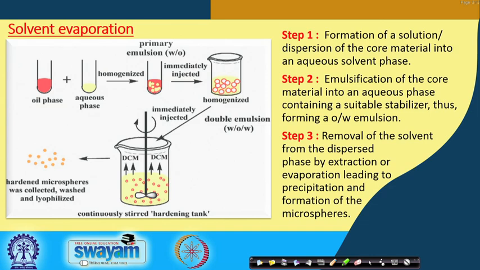This is followed by emulsification of the core material into an aqueous phase containing a suitable stabilizer, and therefore, this results in the formation of a water in oil emulsion or oil in water emulsion, as the case may be. After this, in the third step, the solvent is removed from the dispersed phase either by extraction or evaporation, and this leads to precipitation and formation of microspheres.